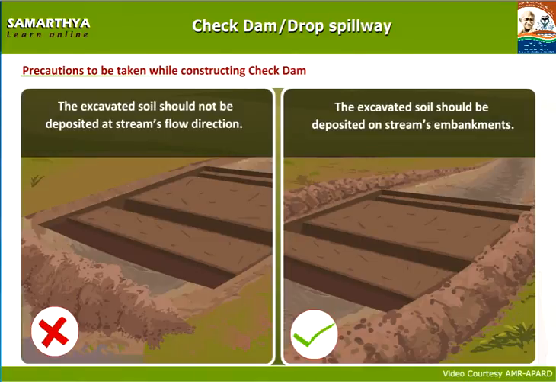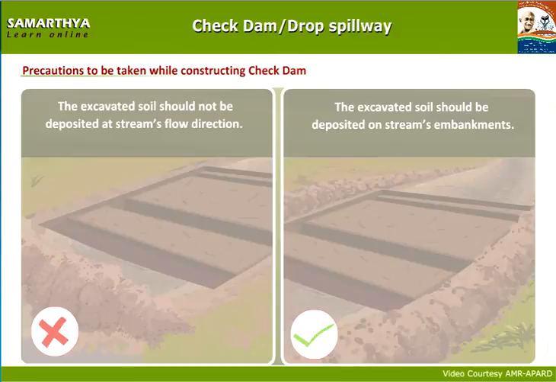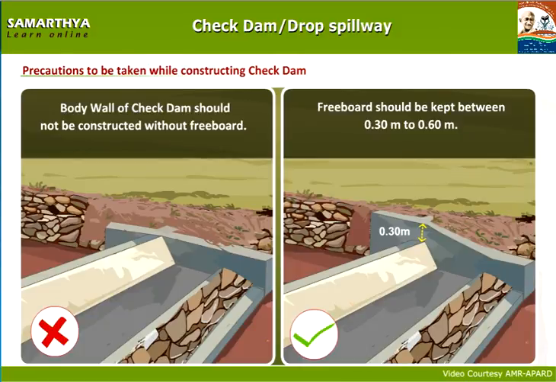The excavated soil should not be deposited at stream's flow direction. The excavated soil should be deposited on stream's embankments. Body wall of check dam should not be constructed without freeboard.